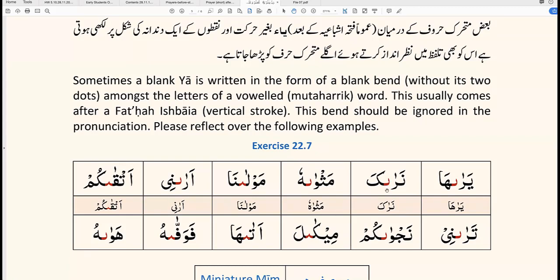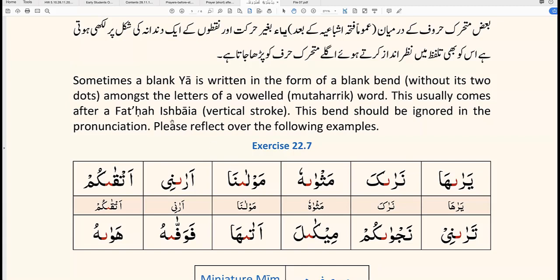Here again, there's the same shape with no dots. Here is what a ya would look like if it had 2 dots as well, okay? So that's what they're talking about. A blank ya is written in the form of a blank bend. So it just looks like a bend. A bend. There are no dots there at all.